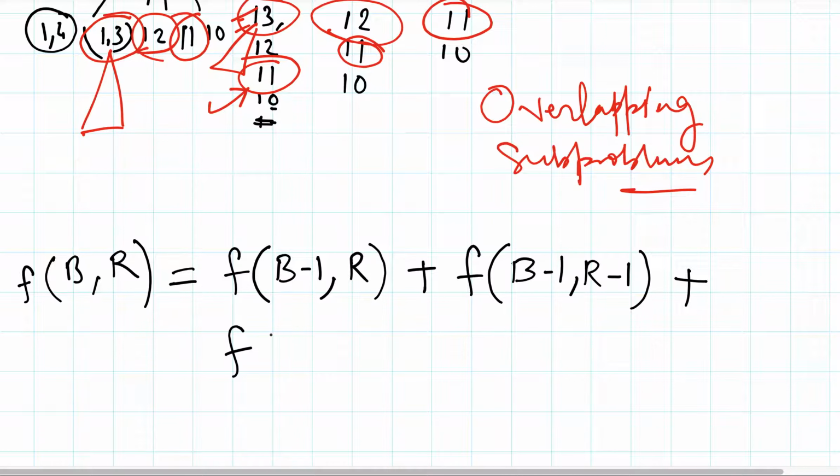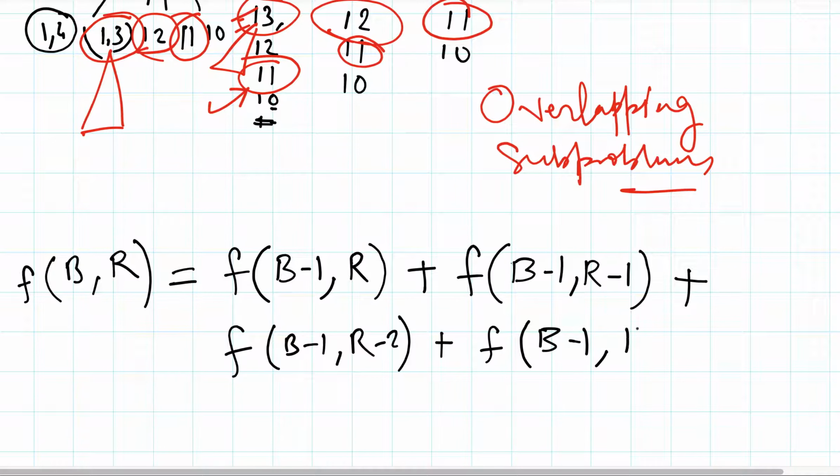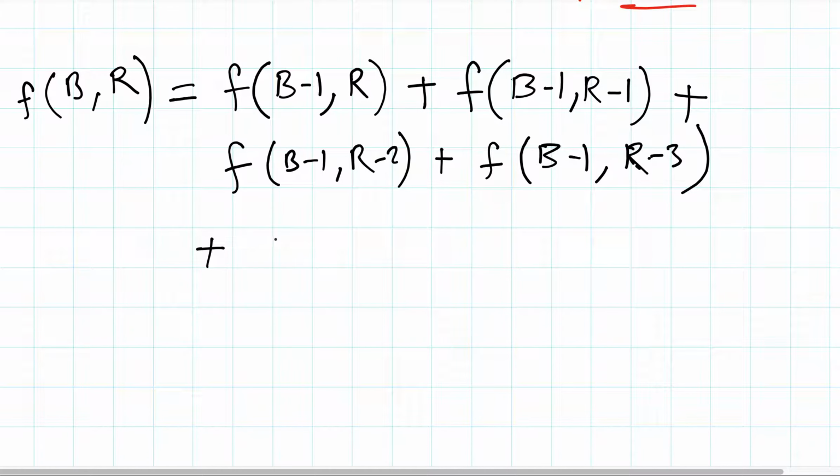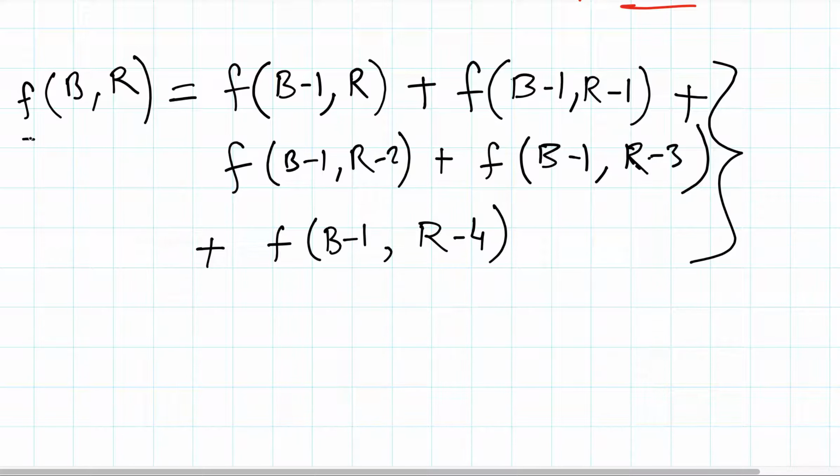Then if we score 2 runs, then it will be R minus 2, plus 3 runs case, R minus 3, and then finally when we score 4 runs. So this is the recursive relationship of BR with respect to its lower order terms.